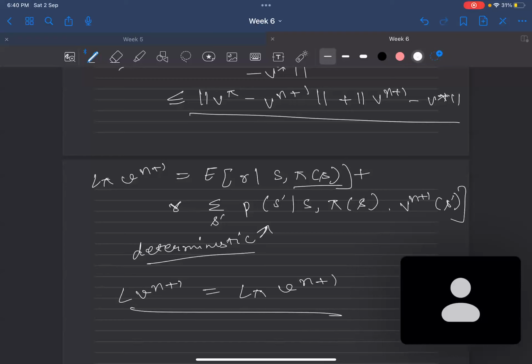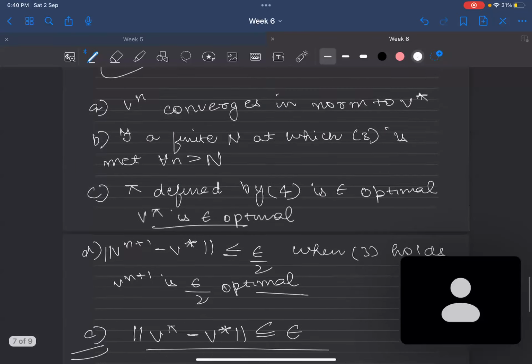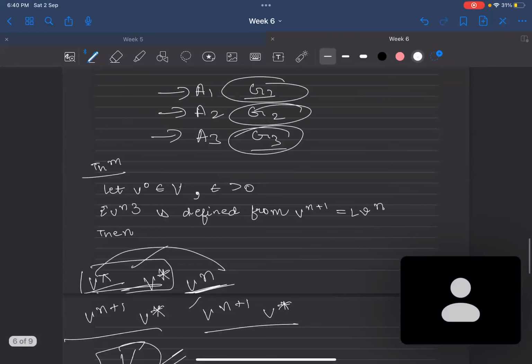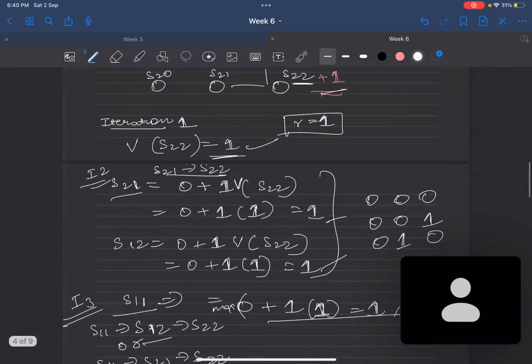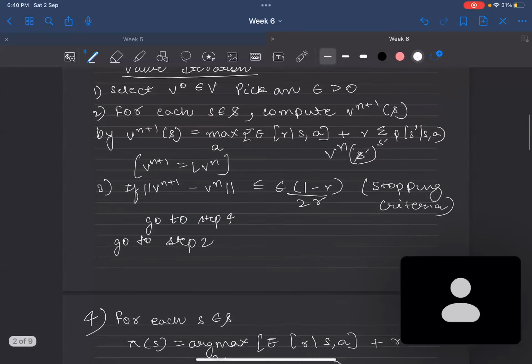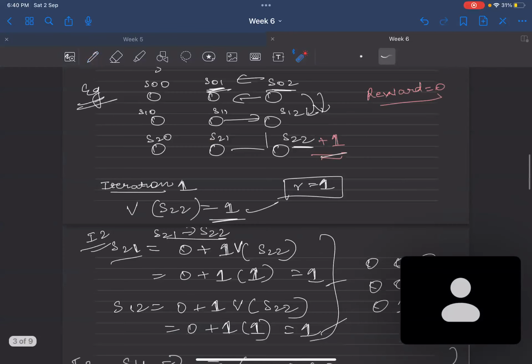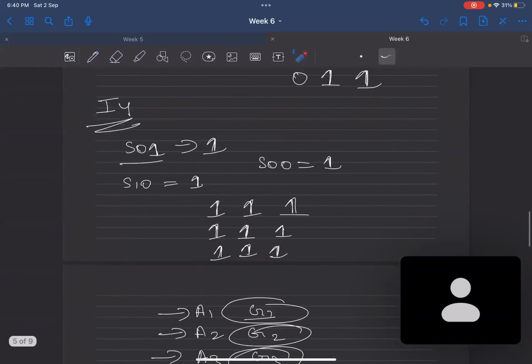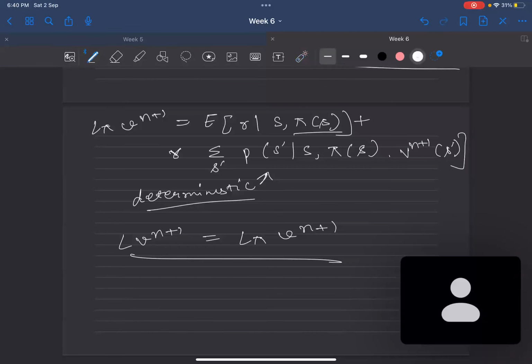This policy pi is determined from our step number 4, the argmax over A. Because it is returning the max, L and L pi are the same. So pi is giving us the max operator, our policy is the max one, and that is the deterministic one. So it is the same whether we apply L or L pi on Vn.